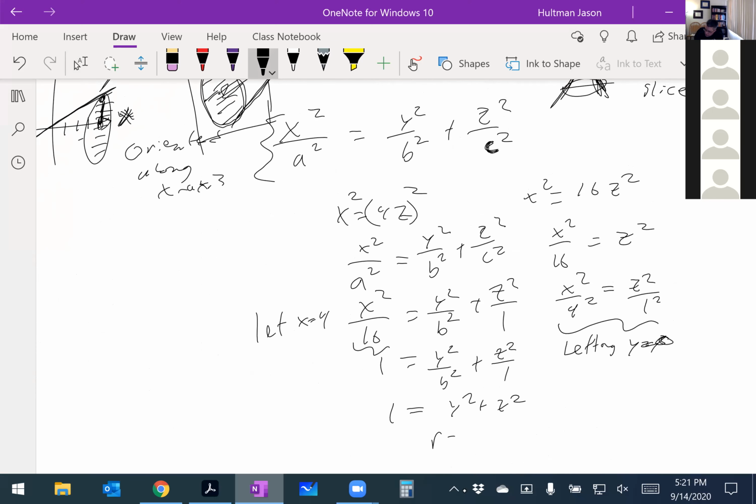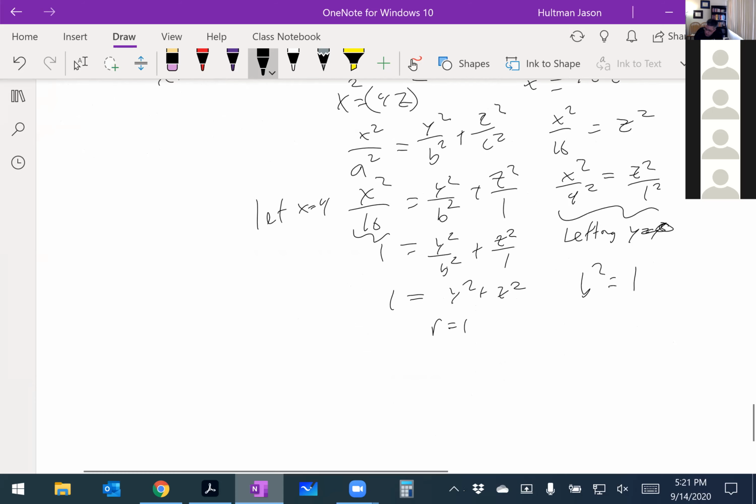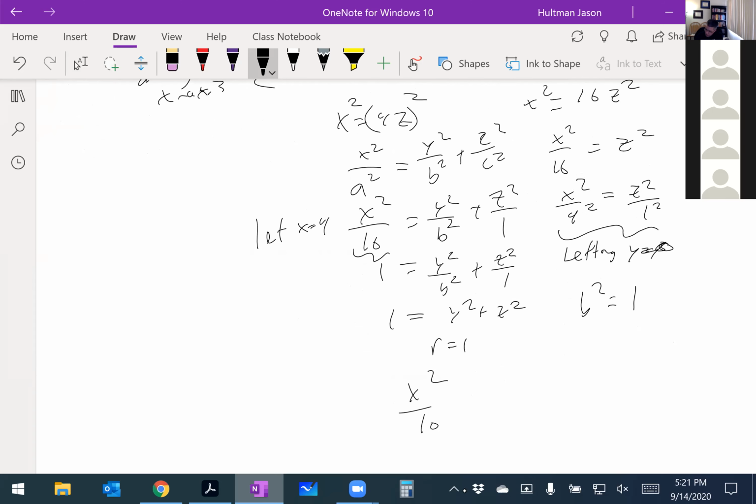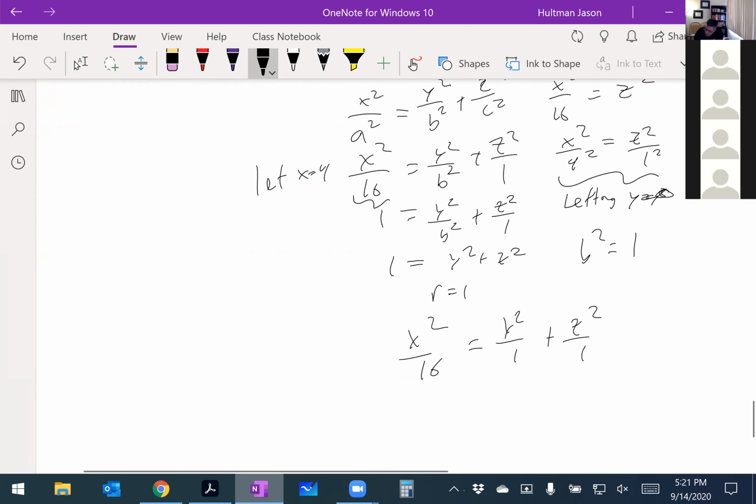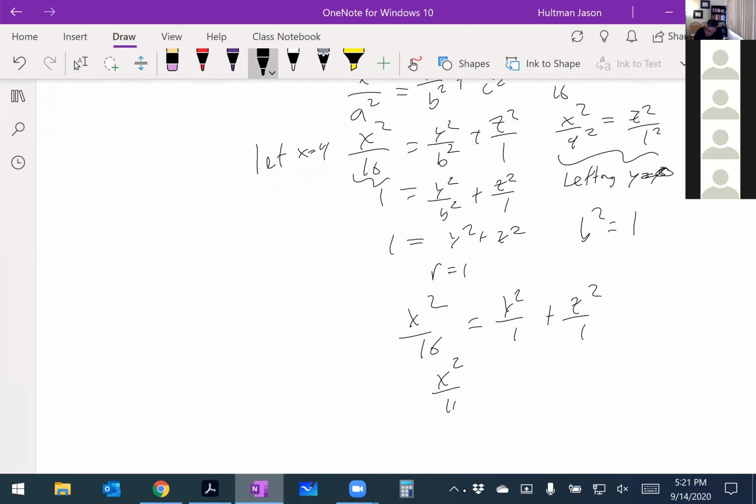Well, this has radius 1. This is a circle of radius 1. If that's a circle of radius 1, then what is b squared? Well, b squared is equal to 1. So this becomes x squared over 16 is equal to y squared over 1 plus z squared over 1. And so this is x squared over 16 is equal to y squared plus z squared.